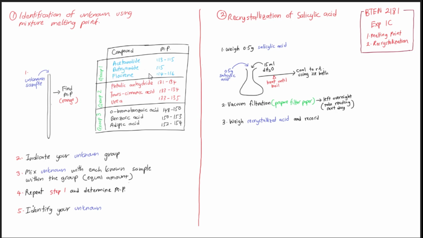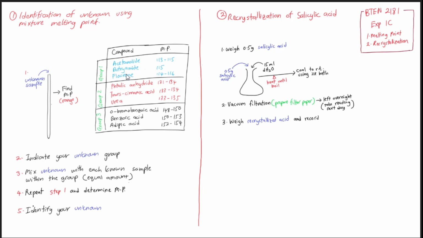Even though you may think you are sure what it is, the temperatures in Group 1 are more or less the same. So to be sure which one is your unknown, you need to mix your unknown with each of these samples: mix with acetamide, mix with butramide, and mix with fluorine.